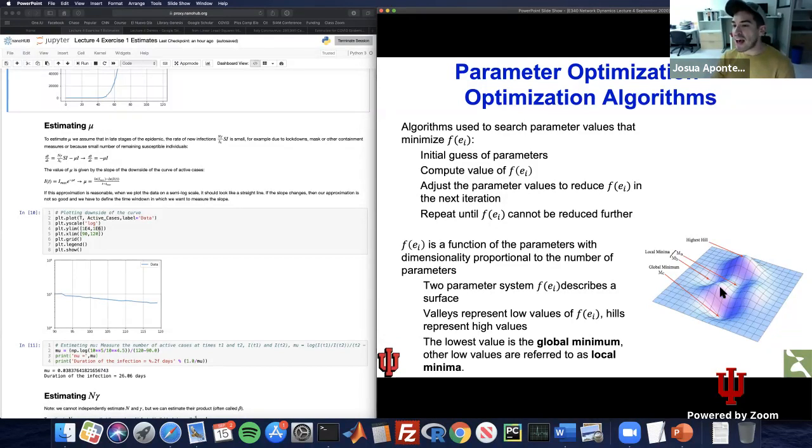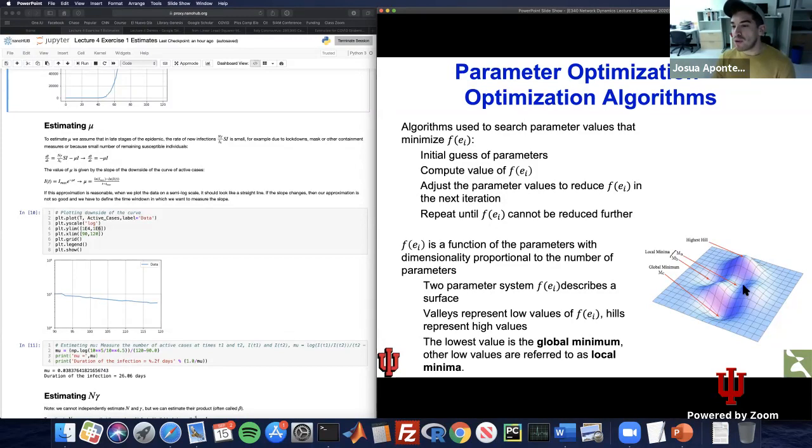The surface can have multiple minimum values, and there are different algorithms that are designed to address some of these issues, because what you want to find ideally is the minimum that is the smallest of all the minima in your surface. So that's called the global minimum.